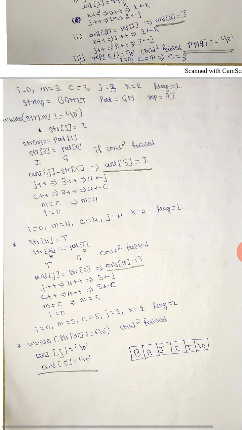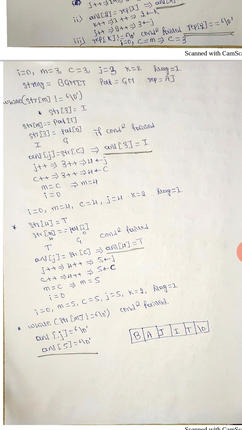Hence we are saying answer of 4 equals T. So after replacing, now your main string has reached null, so the while loop is terminated. After the while loop is terminated, we need to end the answer string with \0, hence explicitly I am initializing answer of 5 equal to \0.